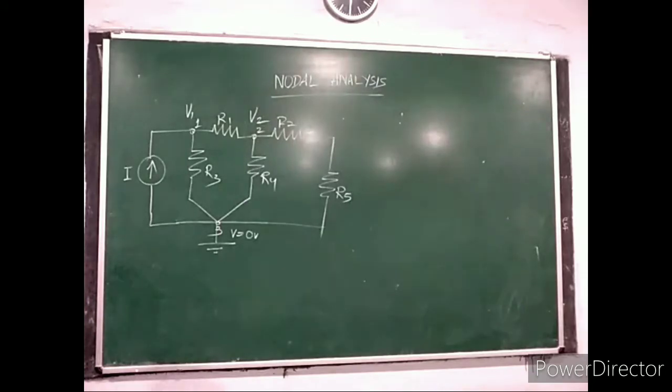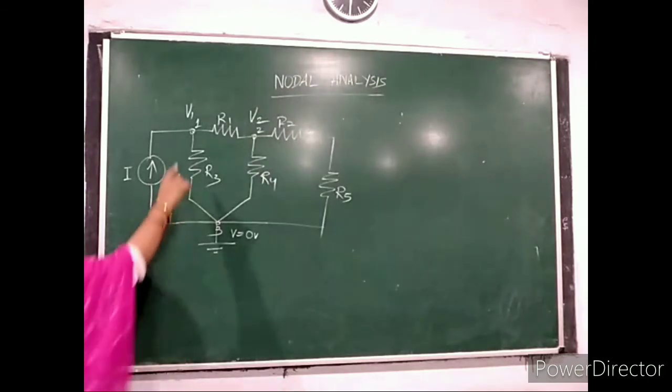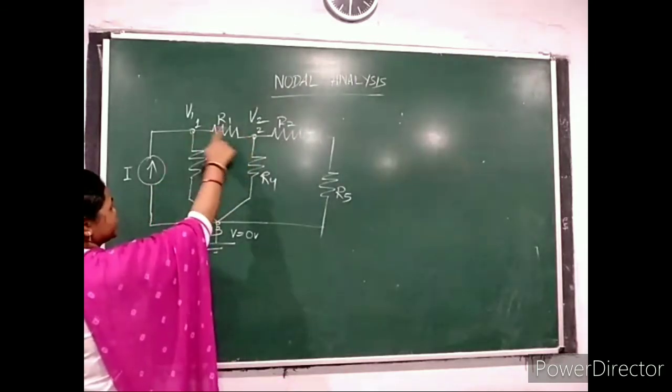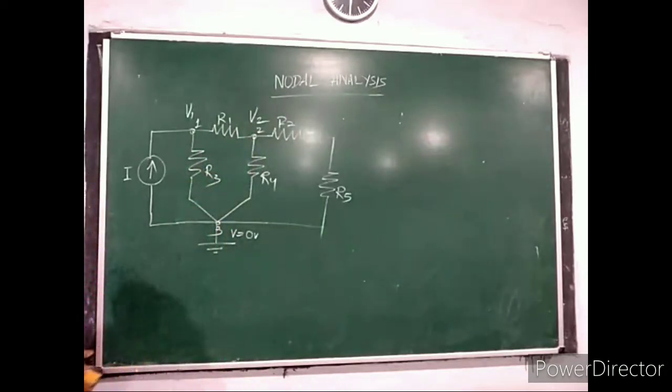Next procedure, I have to write the KCL equation for each non-reference node by assuming it as a source node.